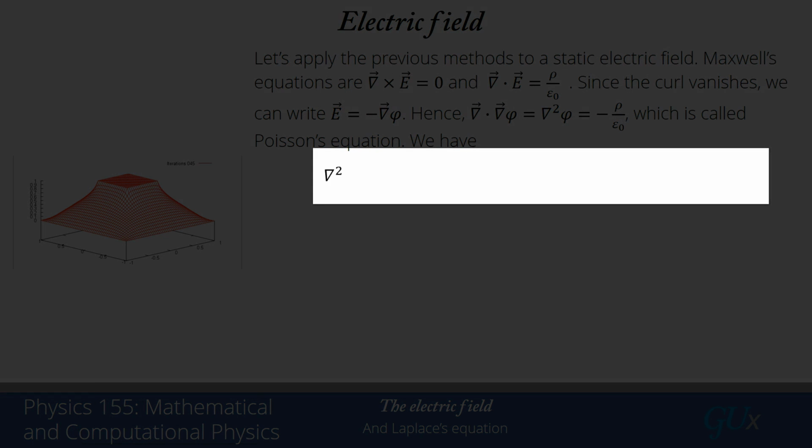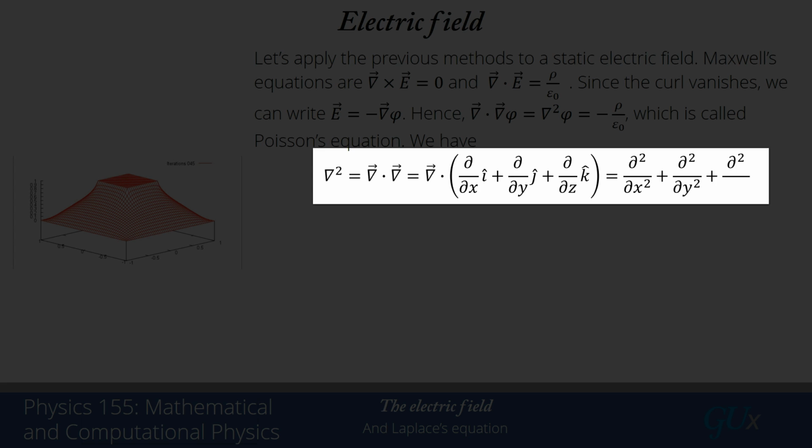So we got to figure out what is del squared. Well, it's equal to the dot product of the gradient with itself, and since the gradient is d by dx times i hat plus d by dy times j hat plus d by dz times k hat, when I take del dot that, I get for the x component the second derivative with respect to x squared, for the y component the second derivative with respect to y squared, and for the z component the second derivative with respect to z squared.